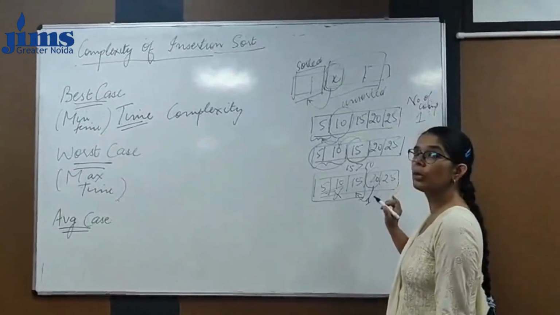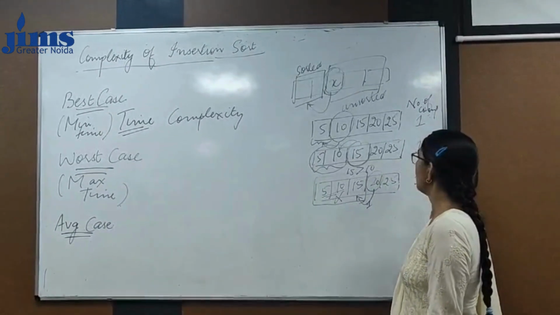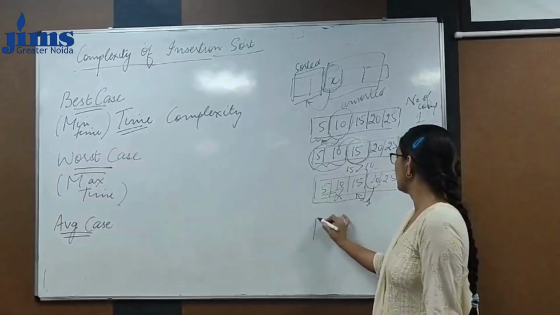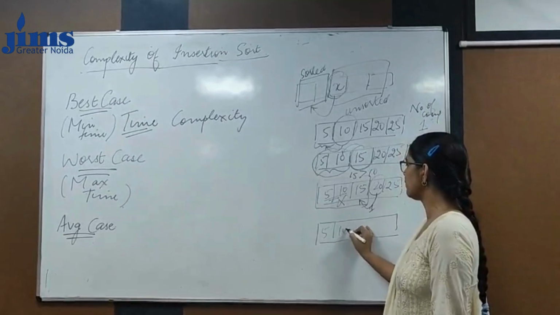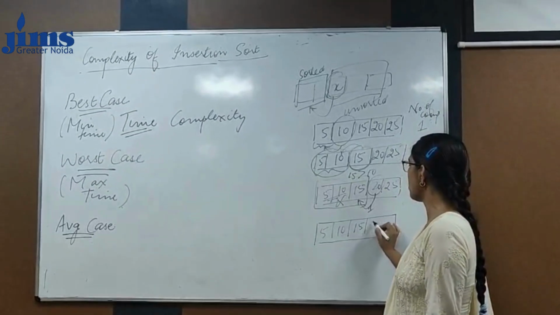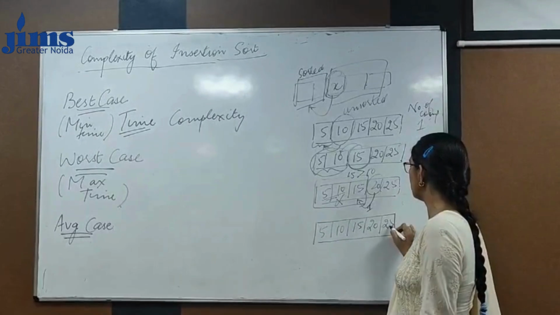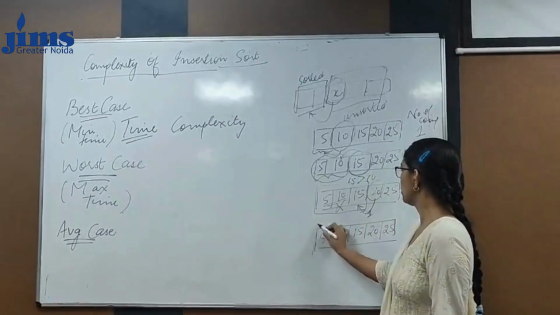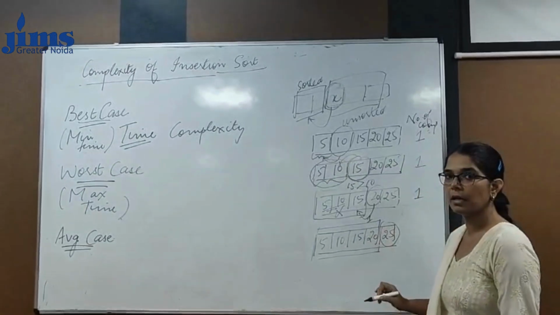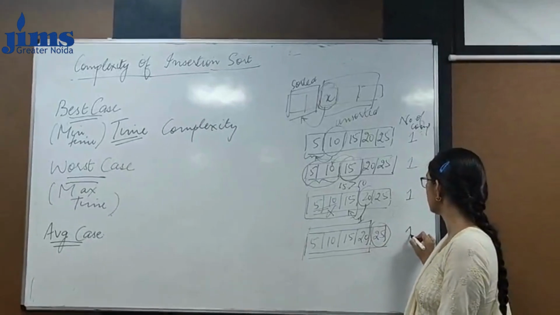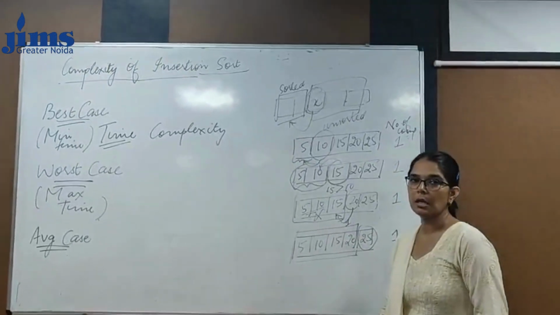Only a single comparison, and it has been placed at the correct position. So now the first four values are sorted, only 25 is left. Again the same case, 25 will also encounter only a single comparison.